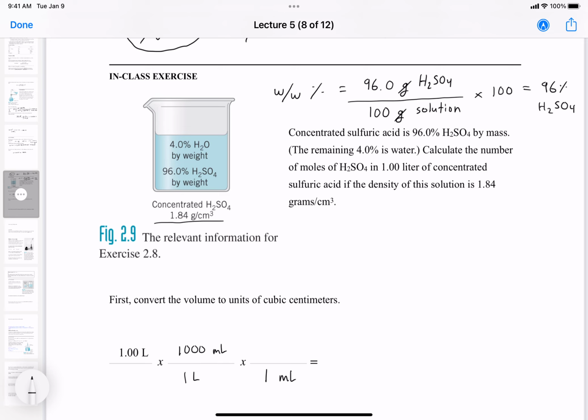It's another unit for volume because it has 3 dimensions: length, width, and height. So in this case, we have 1,000 cubic centimeters.